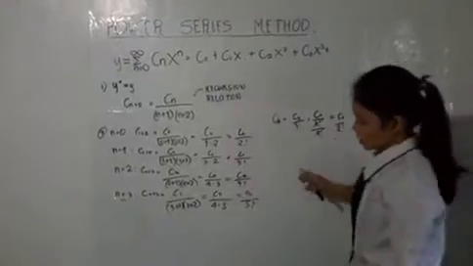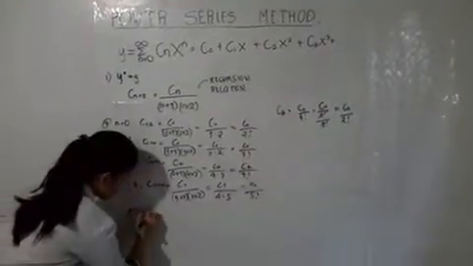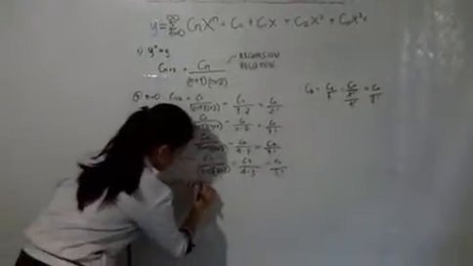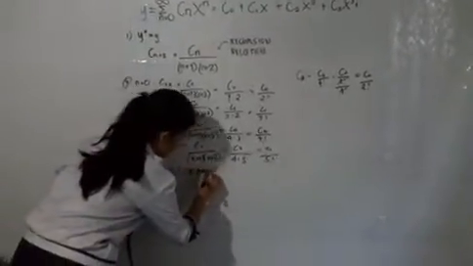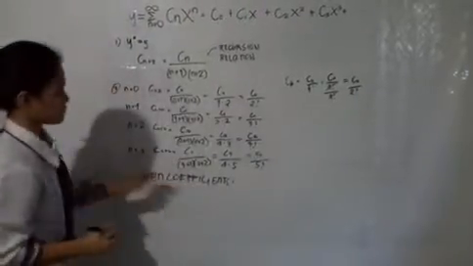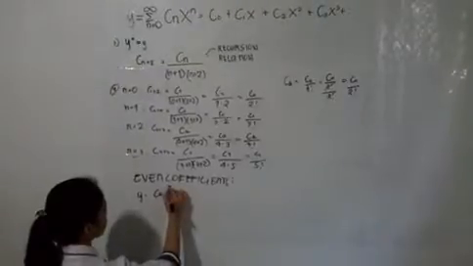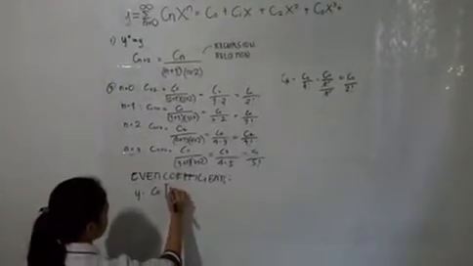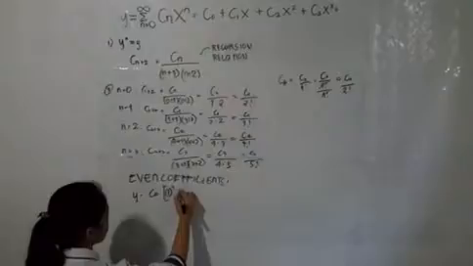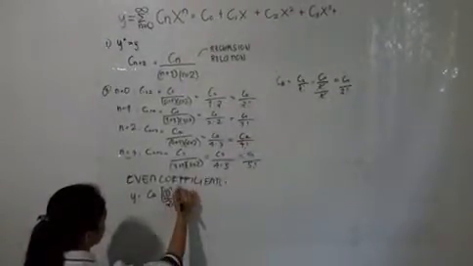In this equation, we can generate our even coefficients. y is equal to c0 times (1 raised to n) over (2n) factorial.